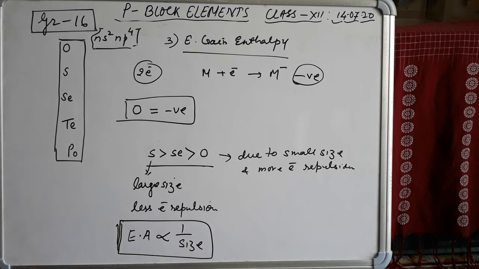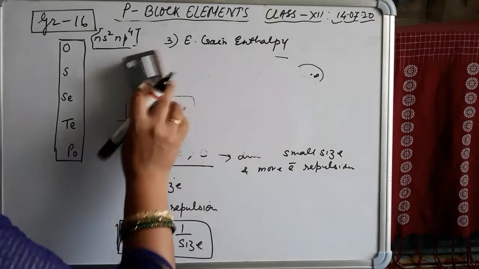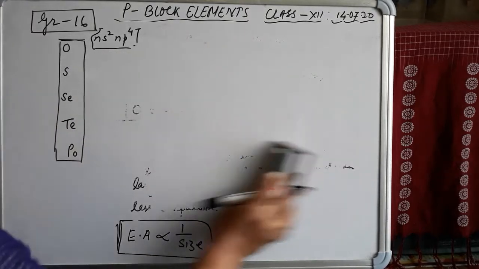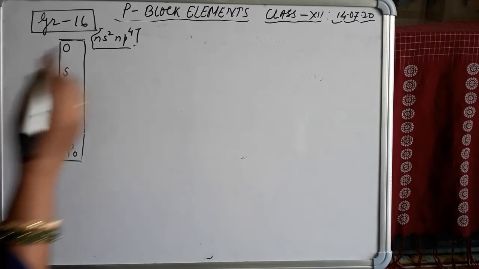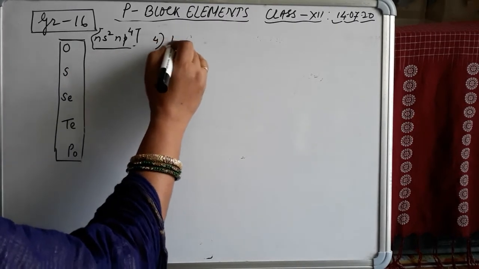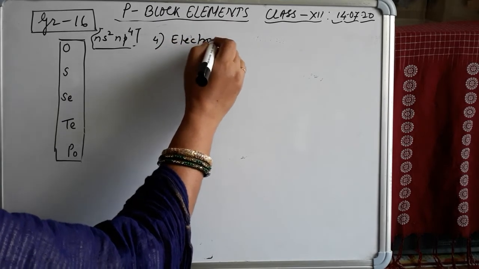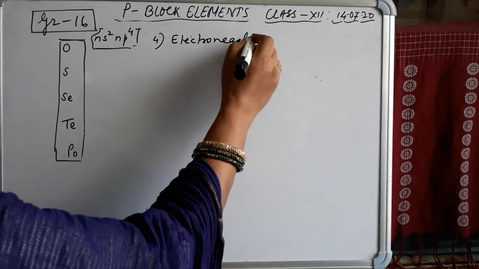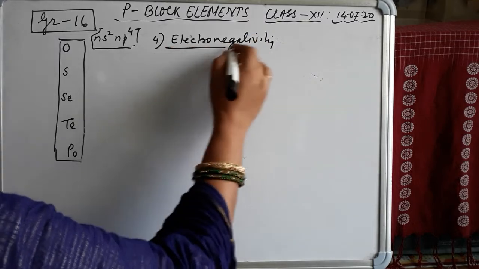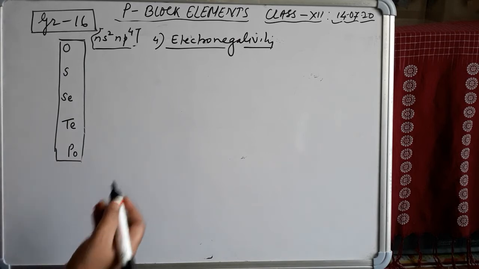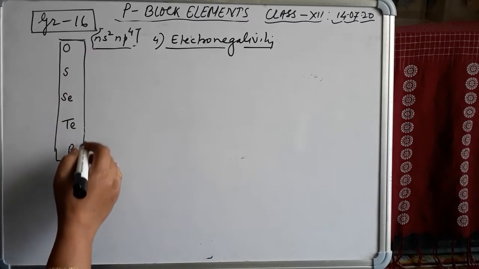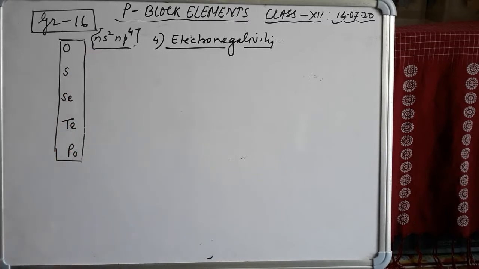Now next we discuss electronegativity. Oxygen is the second most electronegative element after fluorine. As we move top to bottom, electronegative character decreases.